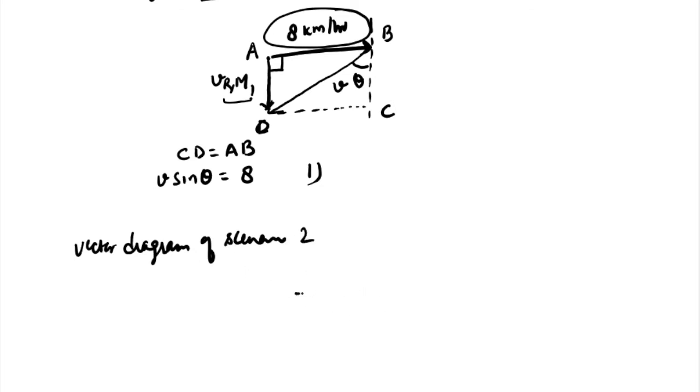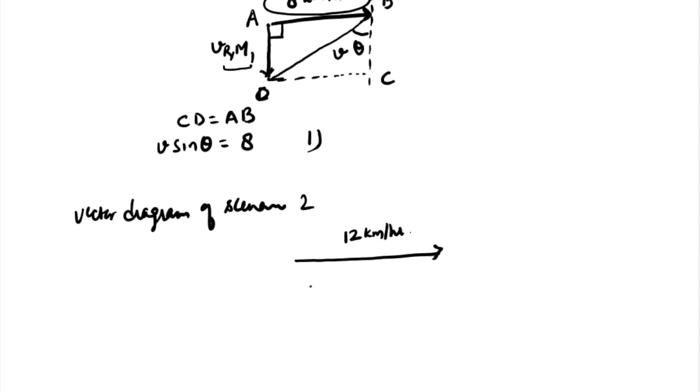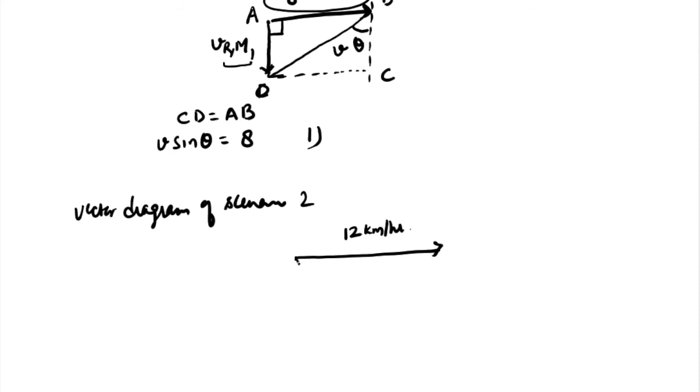In this case, his speed is more than the first scenario, and let's say this is 12 km per hour, and the rain comes out at 30 degrees from the vertical.